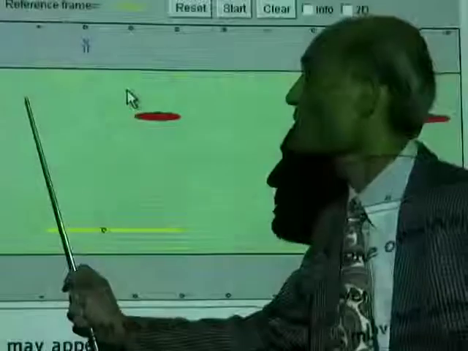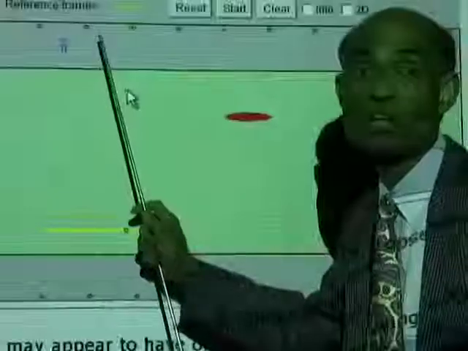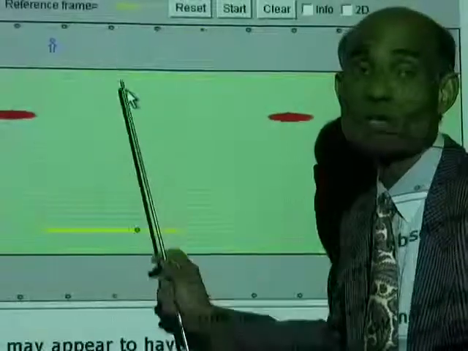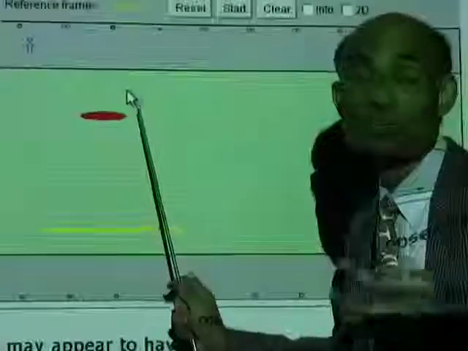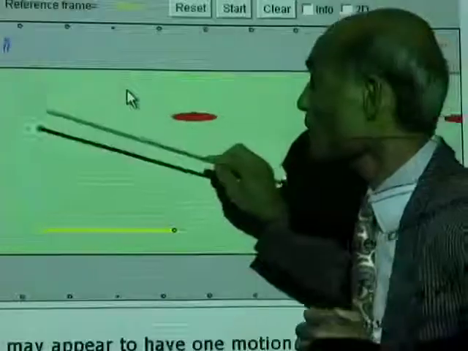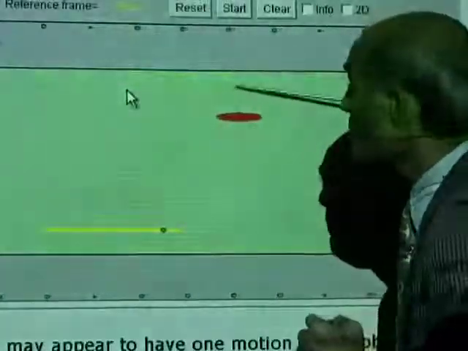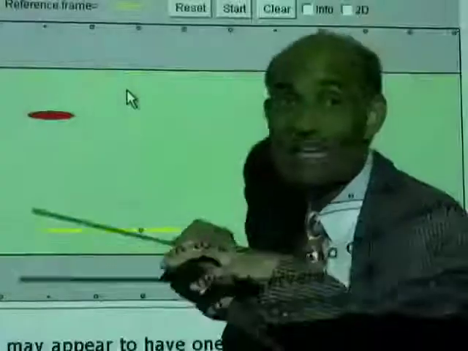We said the river is flowing down with a velocity of 2 meters per second when you observe from the ground. And now when you are in the river, it seems to be at rest. That means in order to bring the river to rest, we applied a velocity of 2 meters per second to the river in the opposite direction.